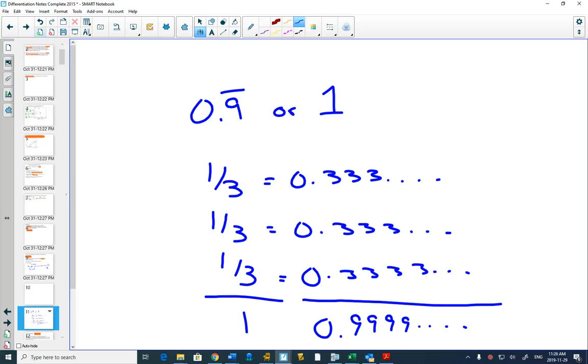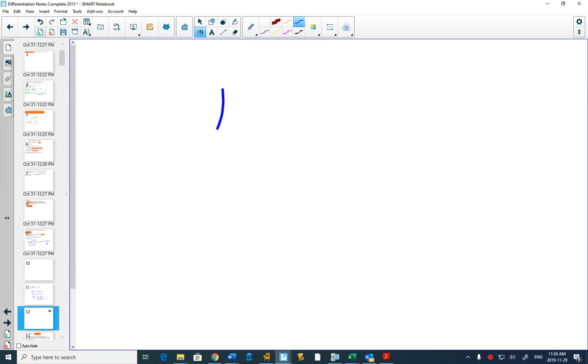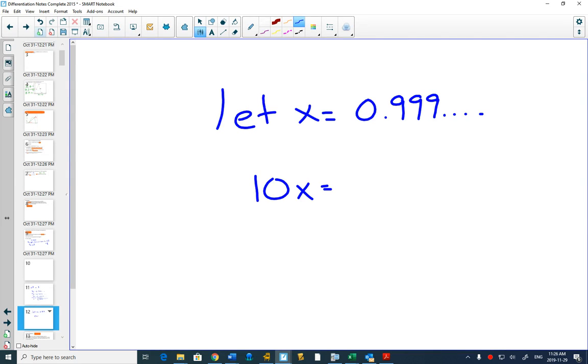Or perhaps we do it with algebra. Let x equal 0.9 repeated. Okay? So we'll start with that. Then if I multiply both sides by 10, then 10x is equal to 9.9 repeated, right? I just moved the decimal place over 1, but the 9's would all continue.